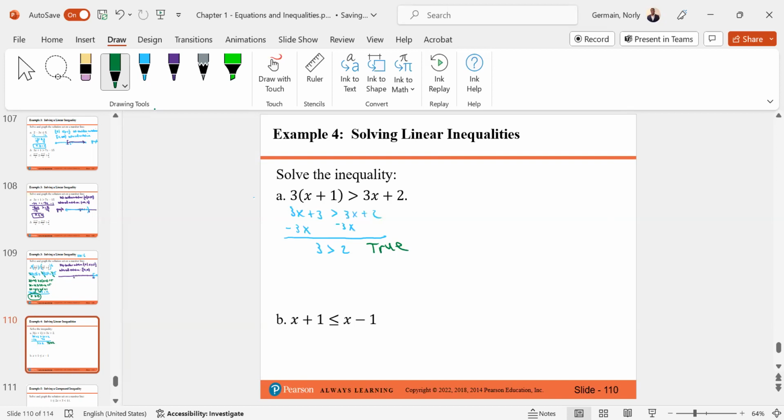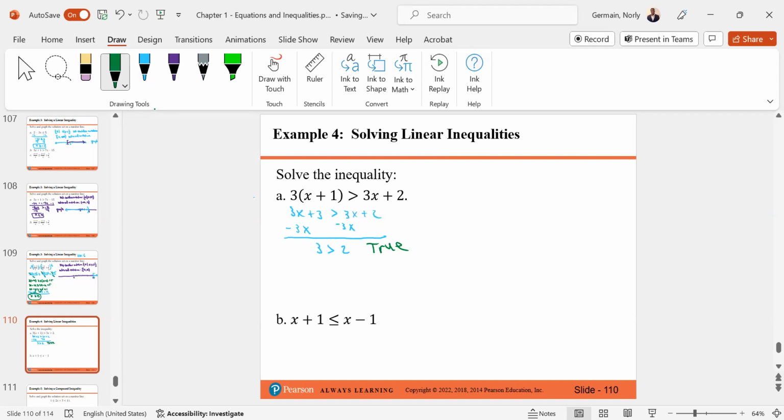You don't have any x to solve for, but at the end we found that 3 is greater than 2, which is true. Because this inequality is equivalent to the original inequality, the original inequality 3 times x plus 1 greater than 3x plus 2 is true for all numbers x. The solution set is all real numbers.